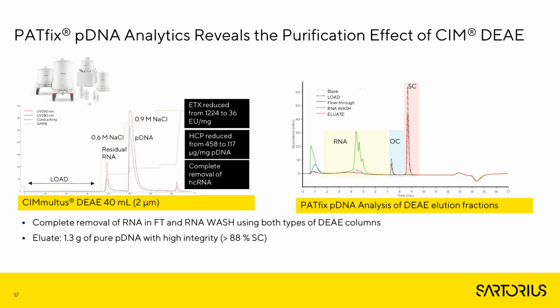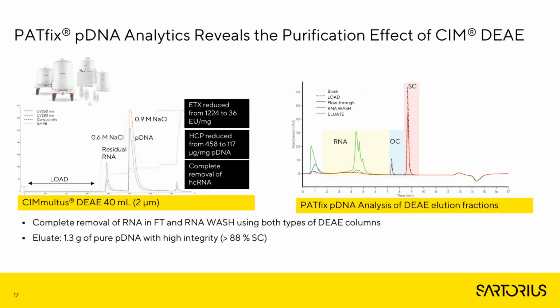On the right-hand side, we look into individual fractions with PATfix analytics, and we see that the so-called RNA wash that we perform really washes off all the residual RNA. We see that the elution contains more or less exclusively plasmid DNA, and we see, for example, also the ratio of supercoiled to open circular in our elution.